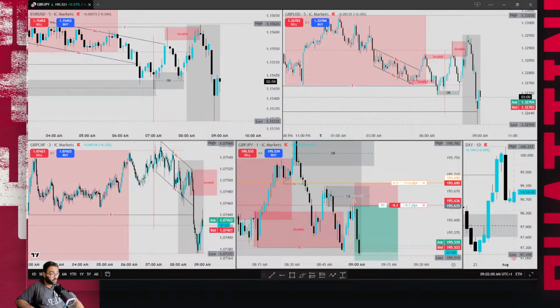Okay, we broke that. I'm moving SL. The price to enter is at 632. And then I'm gonna do 622.